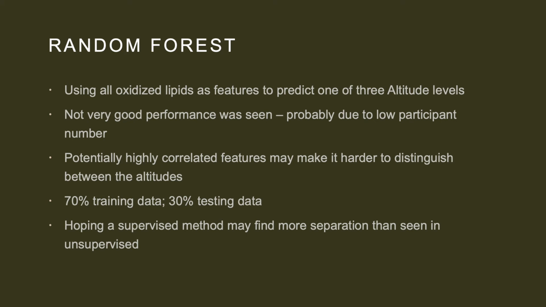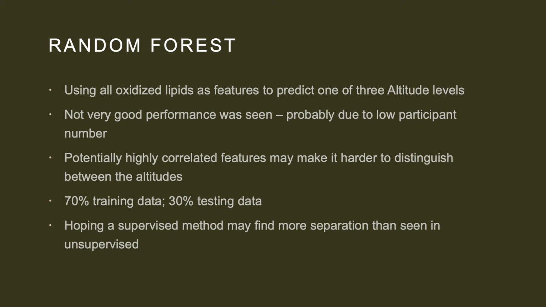The training and testing was broken down into a 70-30 split, and another issue that might have caused low performance was collinearity. I also ran a logistic regression model, and I didn't show it here just because it didn't really show promising results.